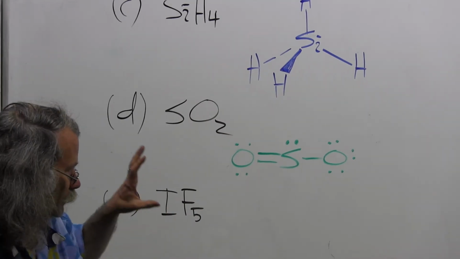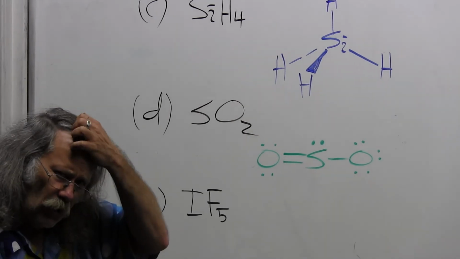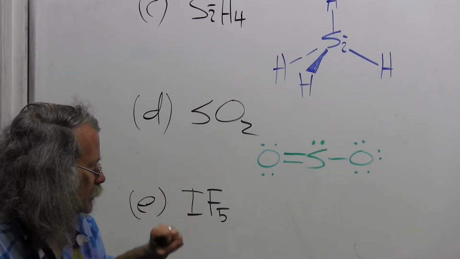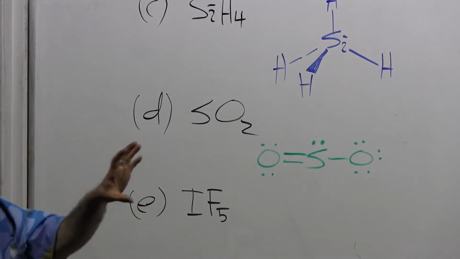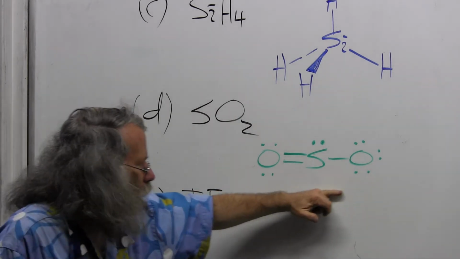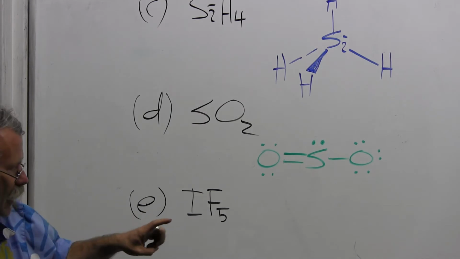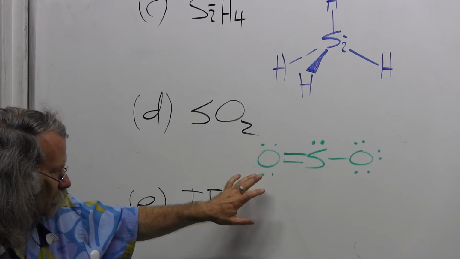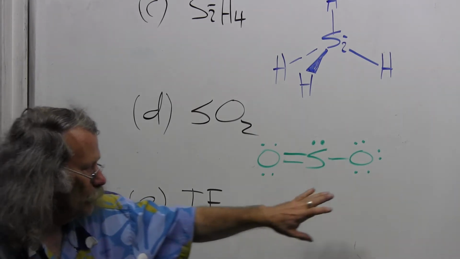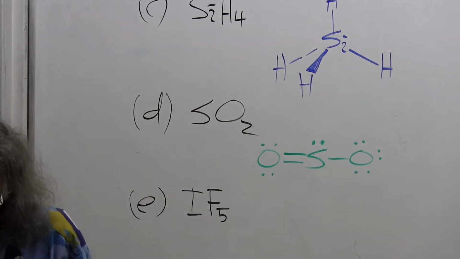And so now we've satisfied all of the Lewis demands, but still it reveals that we're not quite done yet because I have inequivalent oxygen atoms. One oxygen is double bonded to a sulfur, and one of the oxygens is single bonded to the sulfur.